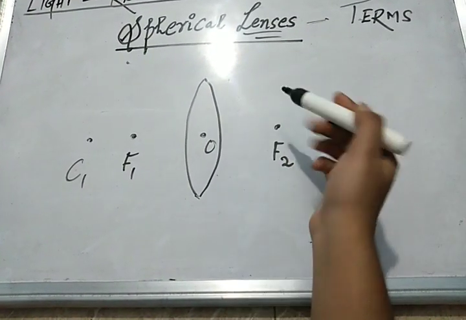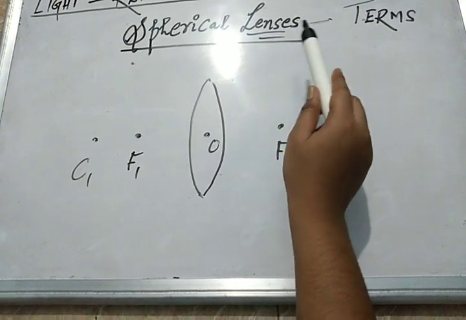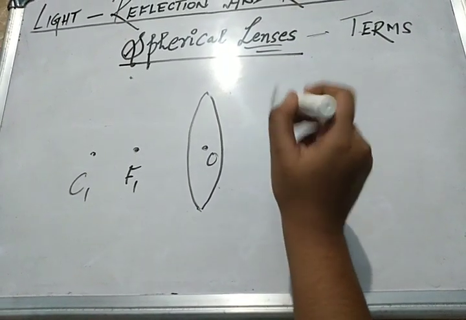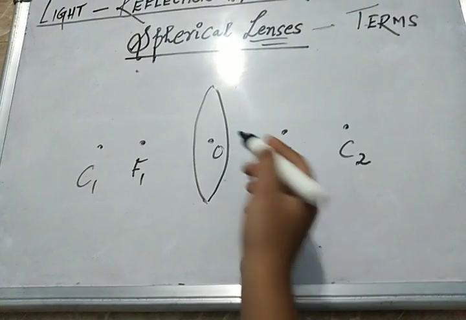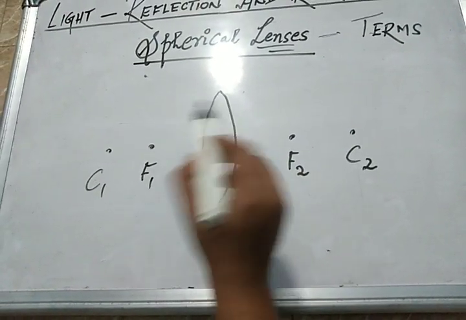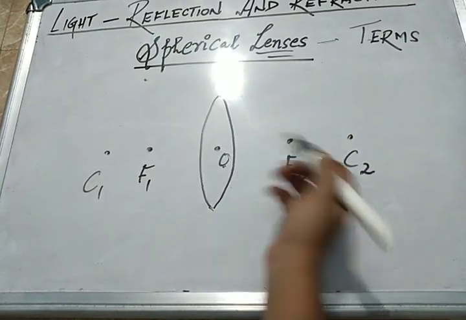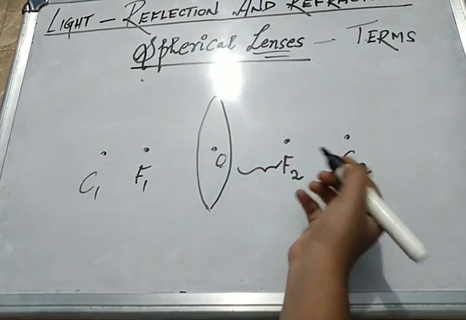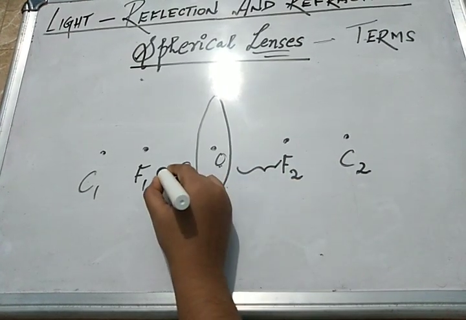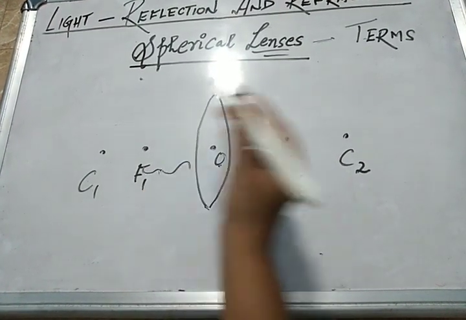Now in spherical mirrors we had something called focal length, right? Even here we have something called focal length. That is the distance between the optic center and the focus, the two focus. This is one focal length and this is the other focal length. Alright.